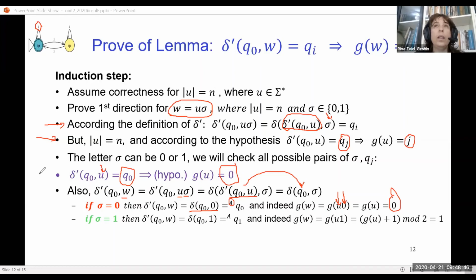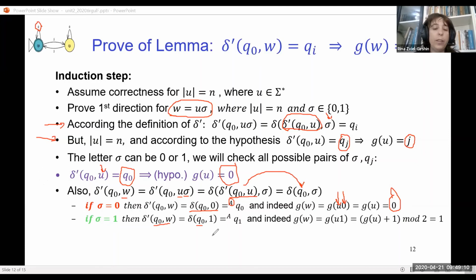And we have to analyze the second case. What happens if we finish reading our prefix at the state Q0 and the additional letter we get is 1? If our sigma is 1, then we started reading W at the state Q0. First, we read our prefix, and our prefix led us to the state Q0.